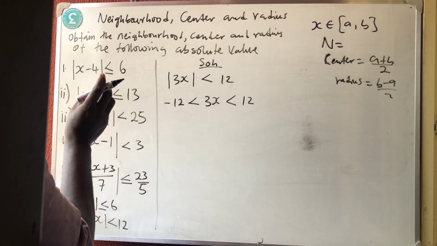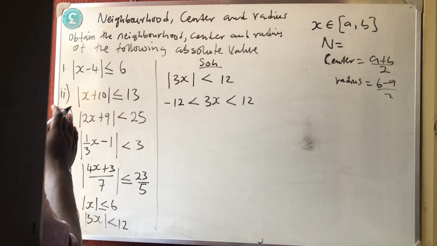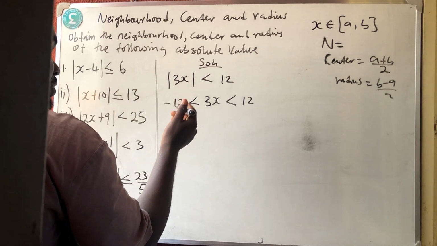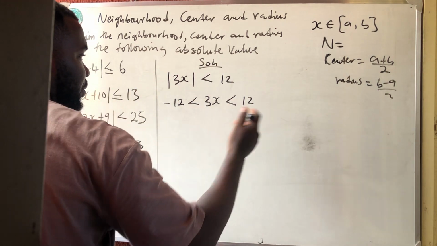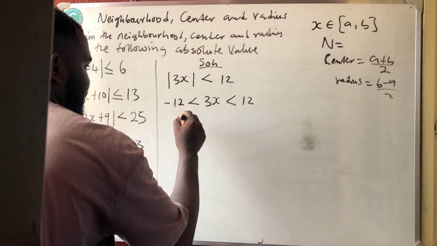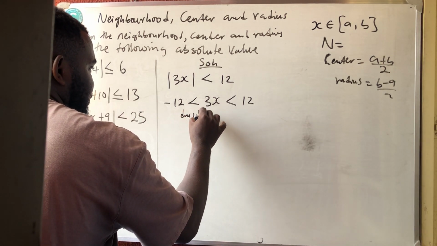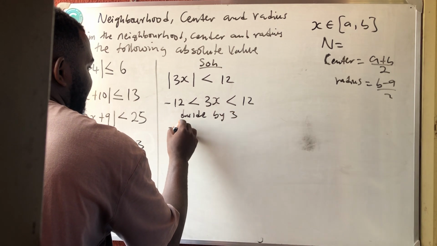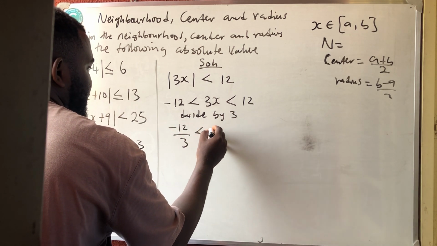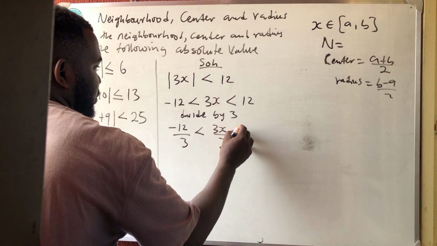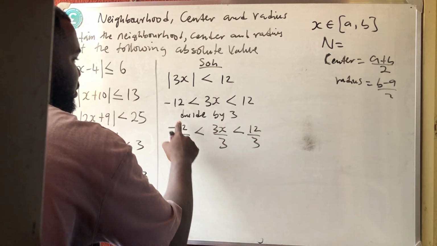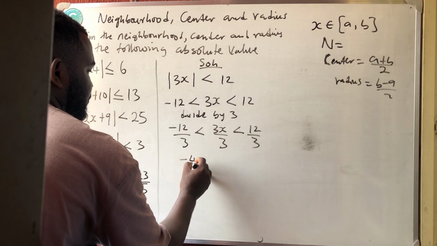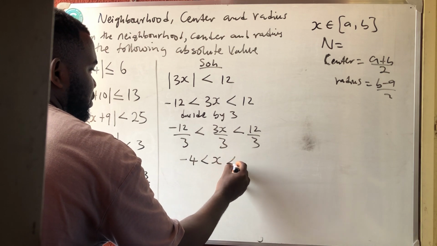So you can decide to separate them, or I will solve it here. Divide everybody by 3: -12 over 3 is less than 3x over 3, which is less than 12 over 3. So I have -4 is less than x, which is less than 4.